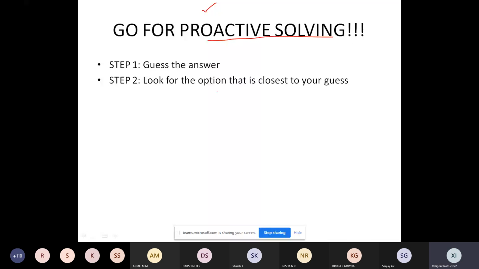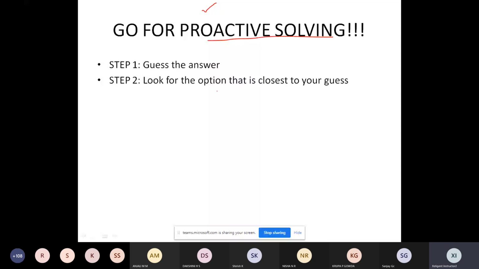So those are the steps I have put up in the slide. Step 1 is guess the answer. Step 2 is look for the option that is closest to your guess. If you have done that, 50% of solving the question is over. Now, what students tend to do, as I have mentioned earlier, is make the mistake of reading the question and immediately reading the options, and most of the time they end up with wrong options.